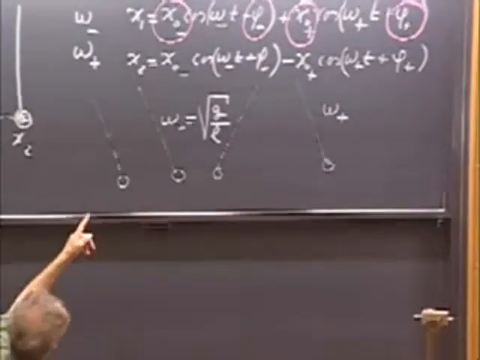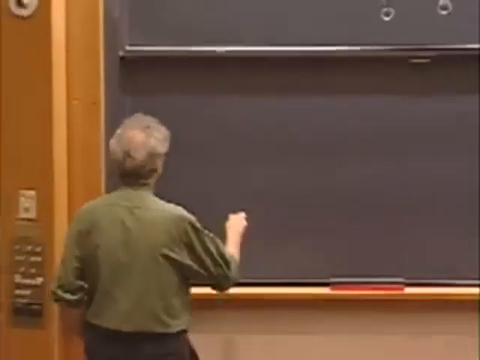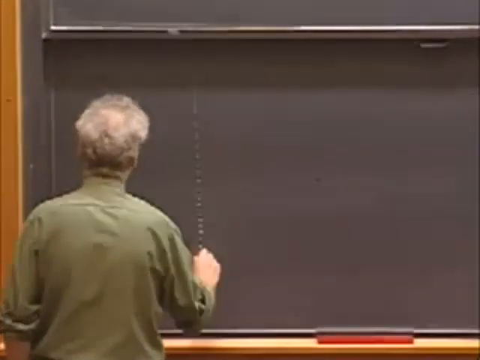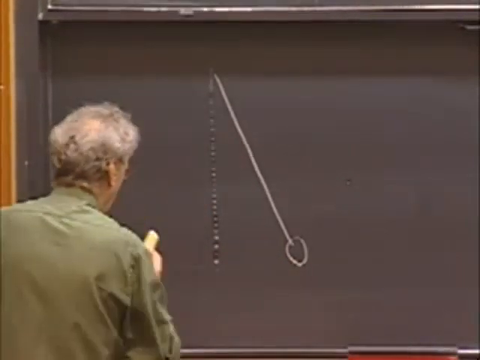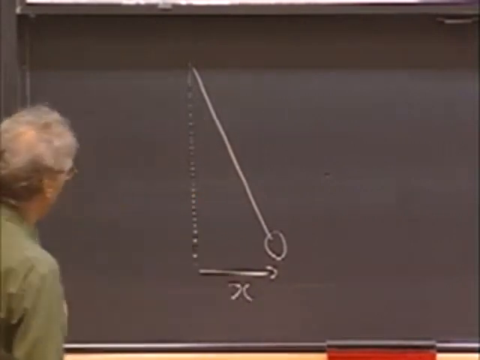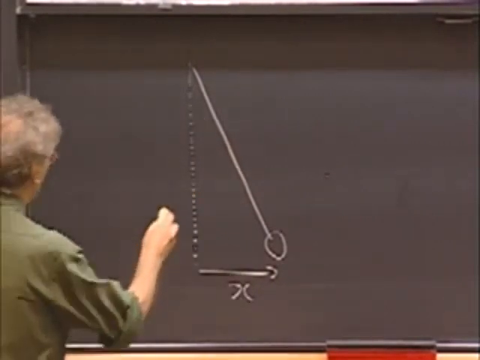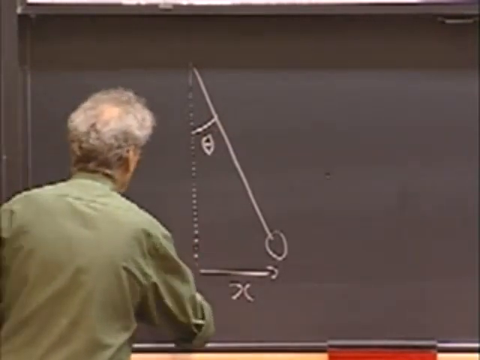And I will only make a drawing of one of those pendulums. I don't need them both. So here is one of those pendulums. And let this separation, this distance, be x from equilibrium. And I call this angle theta. And so here is that spring.